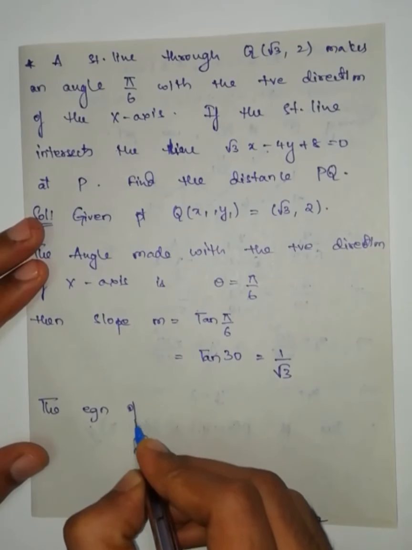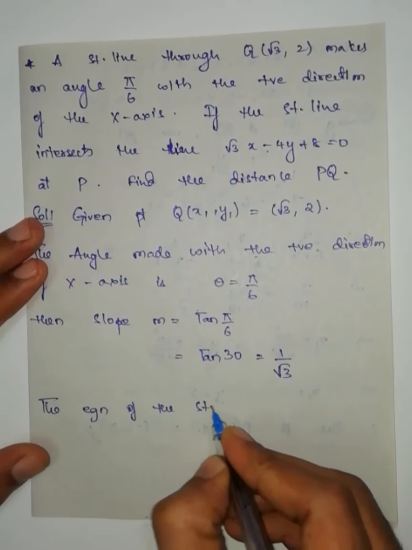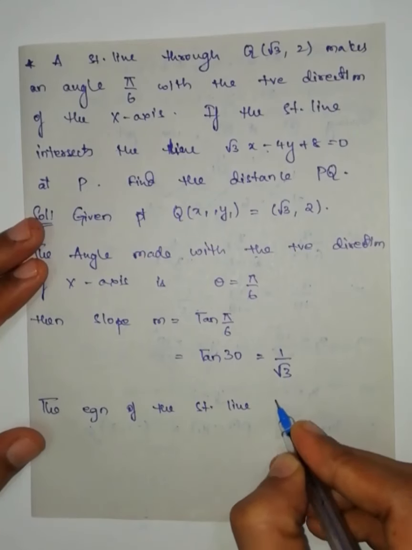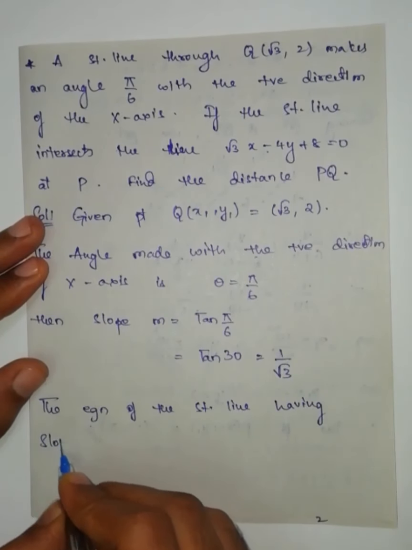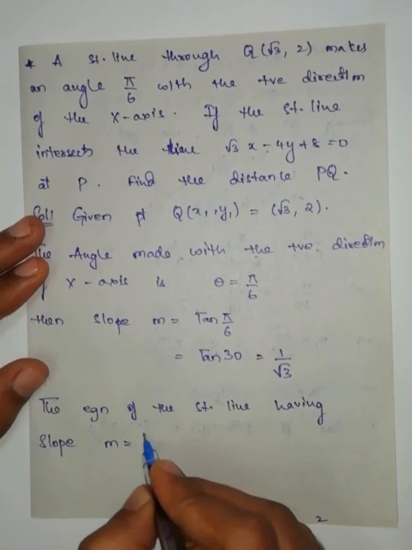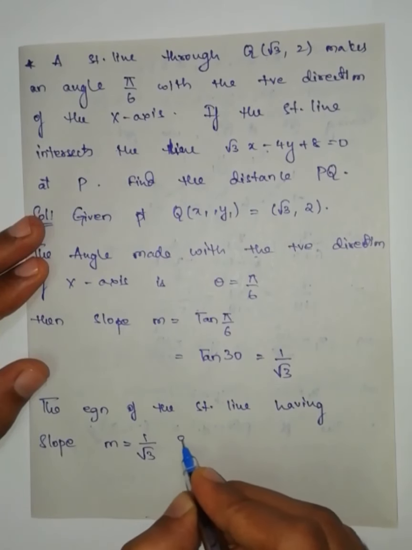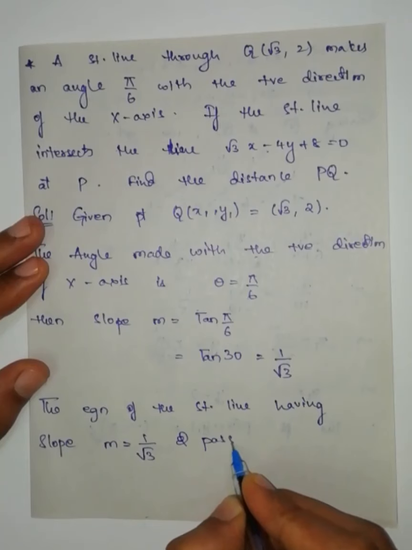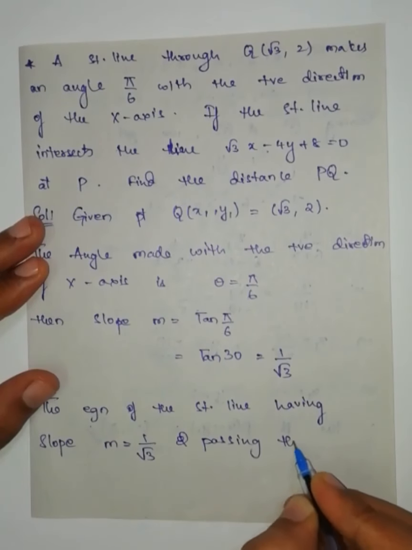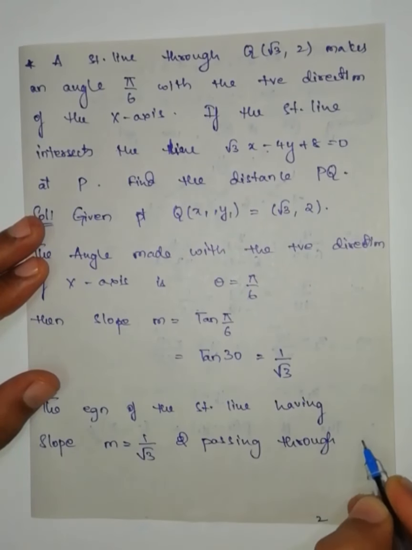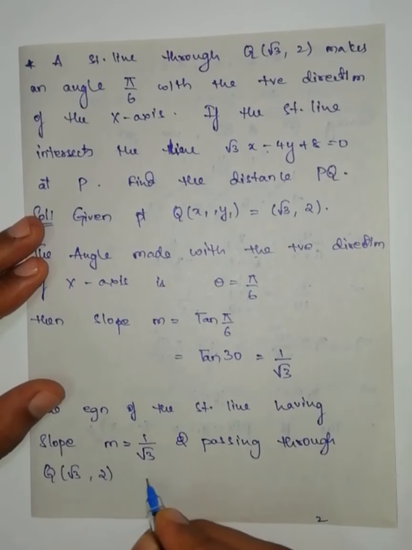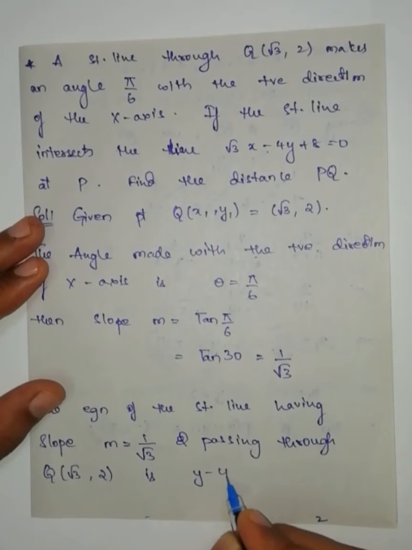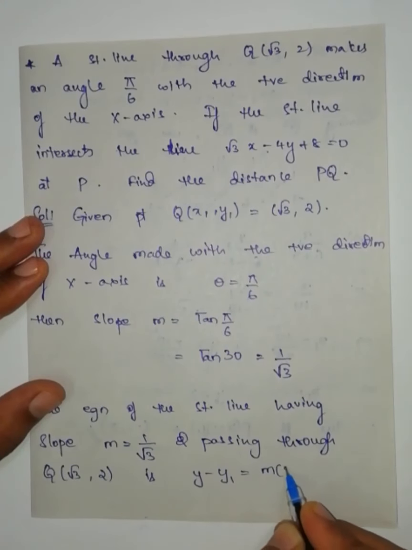The equation of the straight line having slope m is equal to 1 by root 3 and passing through Q of root 3 comma 2 is y minus y1 is equal to m into x minus x1.